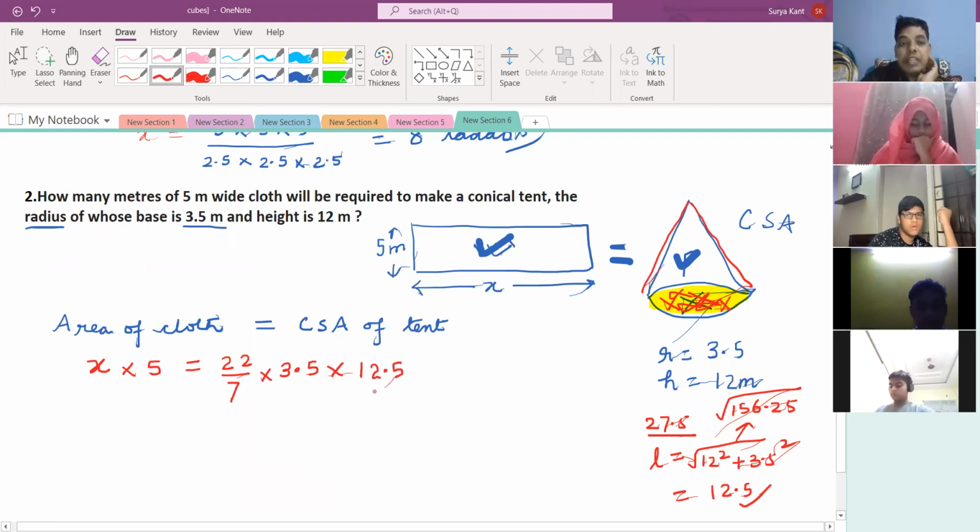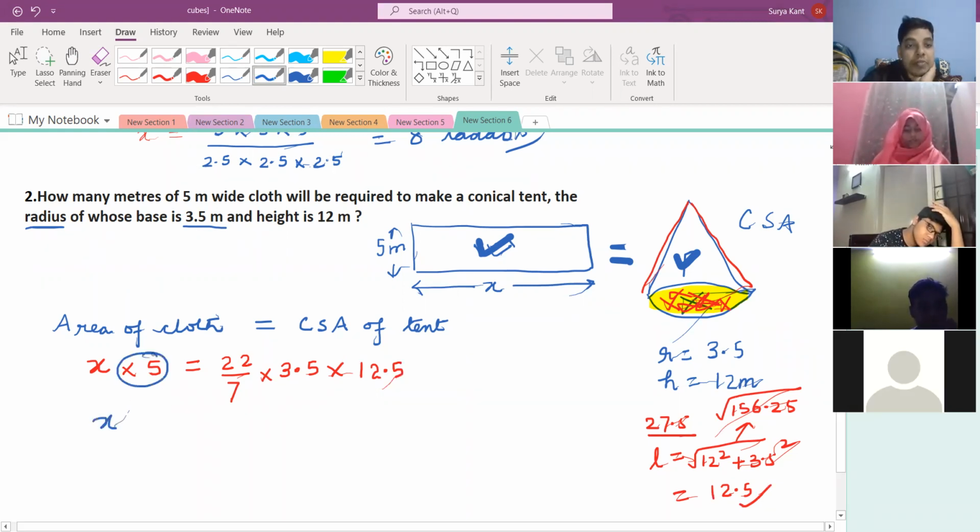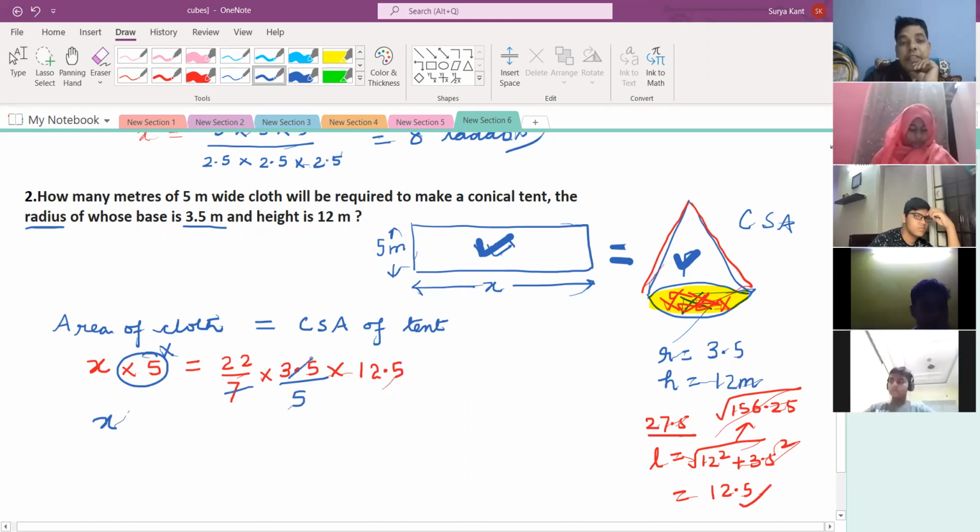Sai Ritvik, what is the answer? Tell me now. So x is equals to what? You remove this, and send it here. Divide by 5 you can do. Now 7 5s are 35, means 0.5. Again 0.5 will cancel with the 10 here. If you remove this point, one more 0 will come.